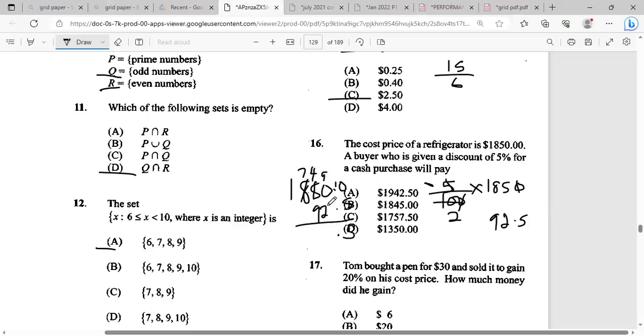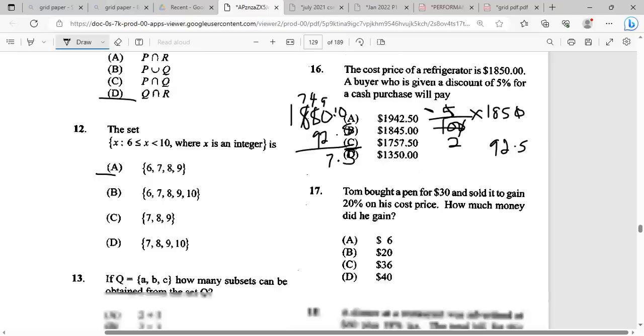All right, so 2 from 9 leaves 7. So this then is 1,757.5. Yeah, so it's actually C. Once I see one ending with the 7, guys, no other one has 7. So in multiple choice, you can just stop there, but make sure you do the right thing.